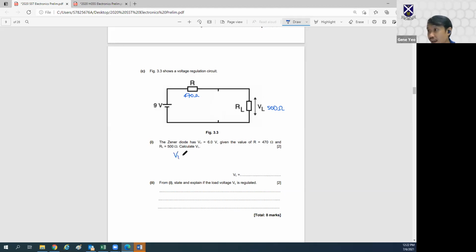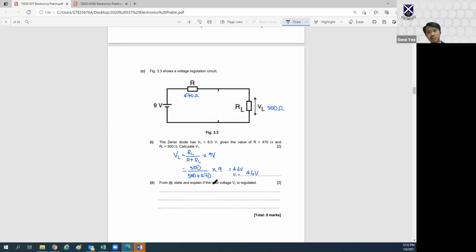So VL is RL over R plus RL times 9 volts. RL is 500, so this is 500 over 500 plus 470 multiplied by 9 volts. And this will give you an answer of 4.6 volts.